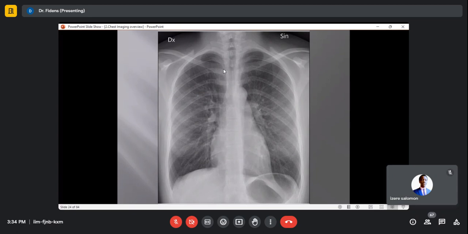By estimation, they are the same. So if they are the same, it means there was no rotation. The film is symmetrical. If they are not the same distances, it means there was a rotation. And where there is a big distance, it is where the patient was rotating to.